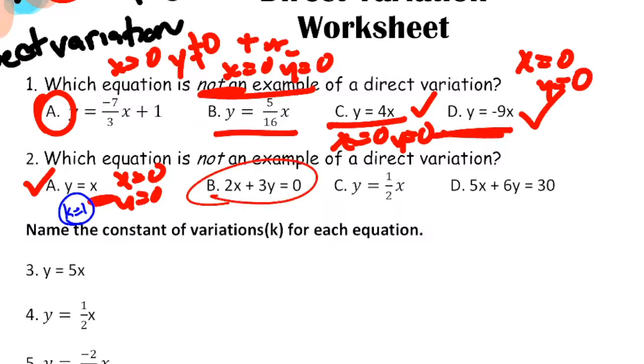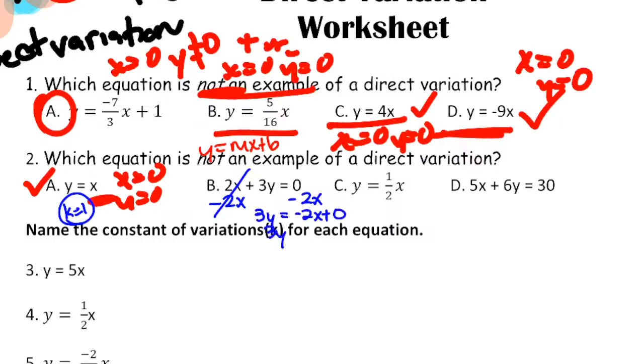For this, you need to put it in y equals mx plus b form first. So let's do that real quick. I'm going to do that by getting 2x on the right side. By eliminating it off the left, we end up with 3y equals negative 2x plus 0.